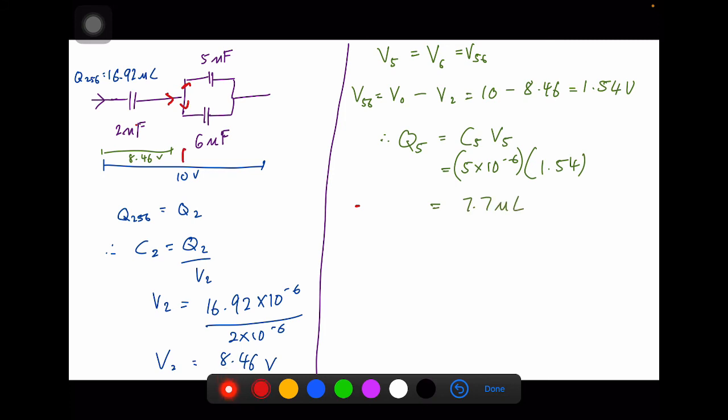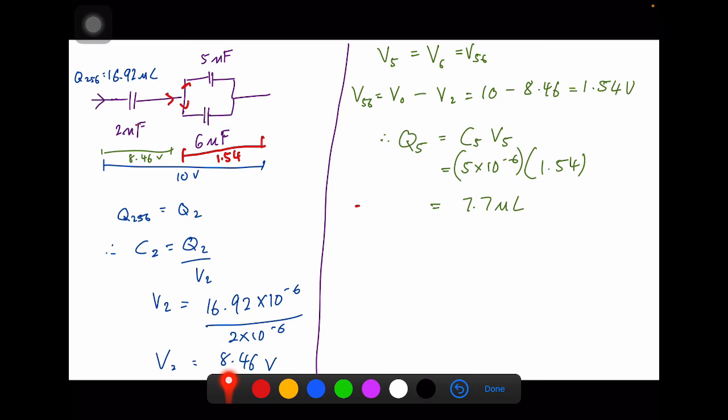Anyway, this one is basically 10 minus 8.46, which equals 1.54. Because this one is parallel, the potential difference is the same, 1.54 over there. Once I found the V, the C is given, so straight away I can find the Q. The question wanted to find Q5 only, so CV, substitute, and you get the answer.